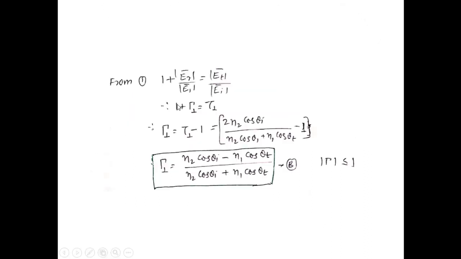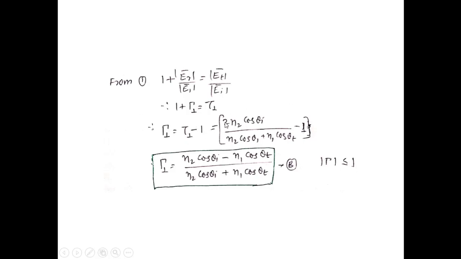So from 1, if we divide by E_I throughout, we will get 1 plus E_R bar divided by E_I bar equals E_T bar divided by E_I bar, that is 1 plus the reflection coefficient equals the transmission coefficient for perpendicular polarization. Therefore, the reflection coefficient is given by the transmission coefficient minus 1.